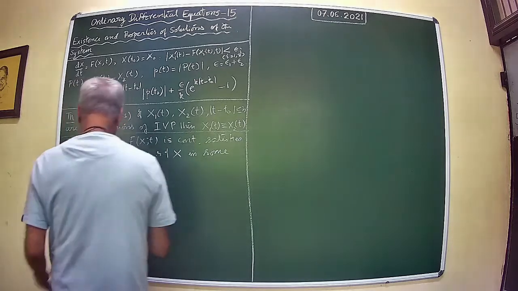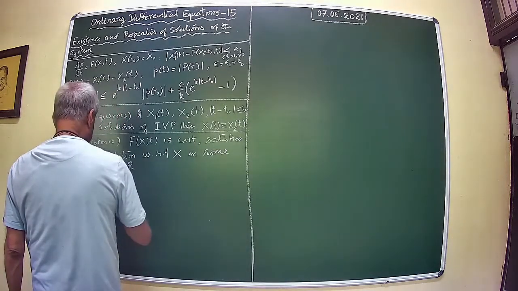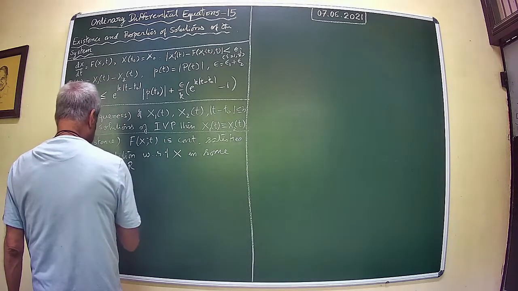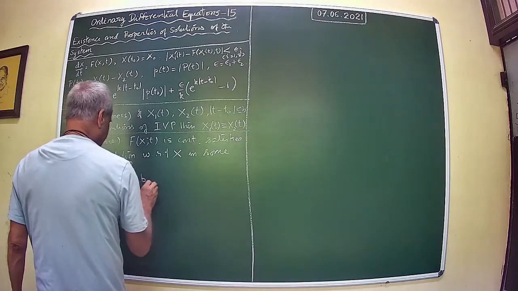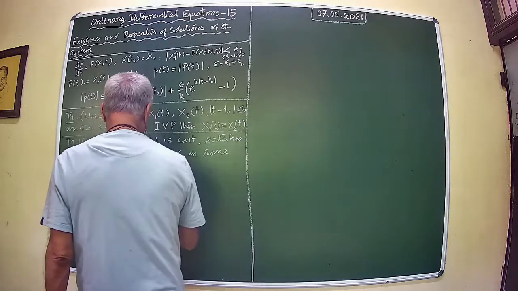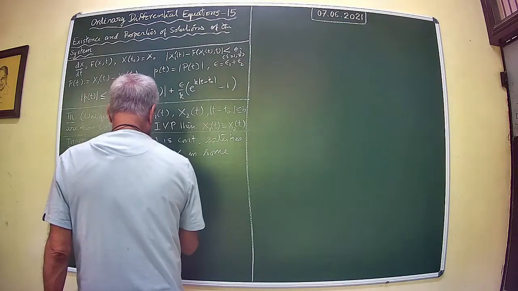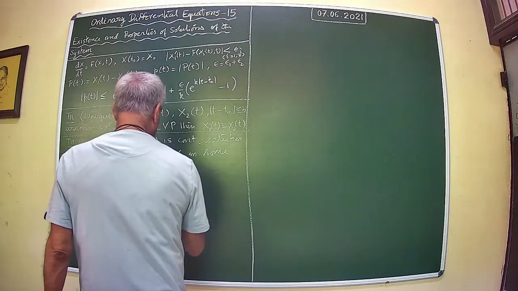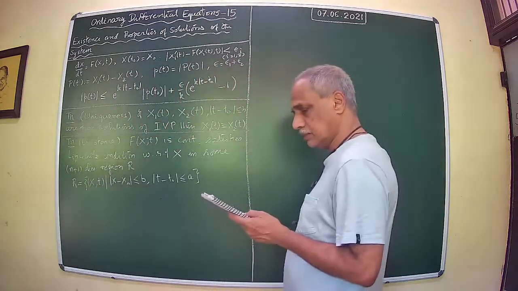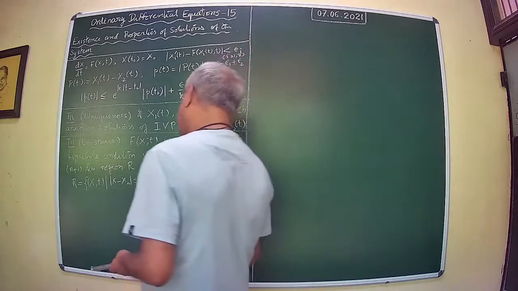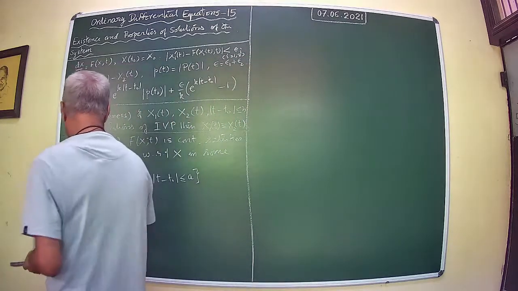Such that norm of x minus x naught is less than or equal to b, modulus of t minus t naught less than or equal to a, for a and b two positive constants.